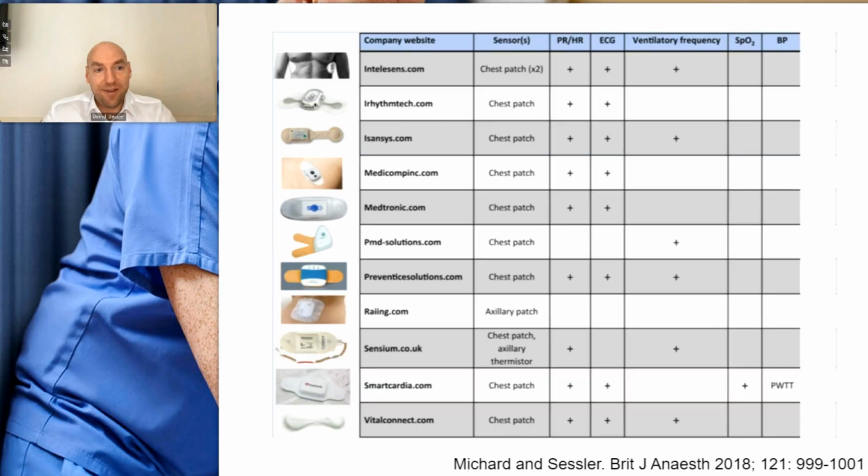And without getting into the details, you will see that there are now numerous different monitoring systems available. Many of them are adhesive patches. And I show you that slide not to discuss any single monitoring solution, but I just want to show you the different vital signs here. So respiratory rate, heart rate, ECG, SpO2 monitoring, and you will see that measuring blood pressure is a big challenge.